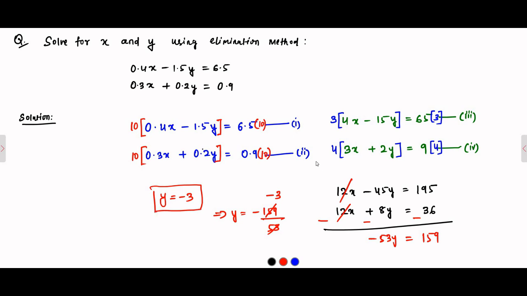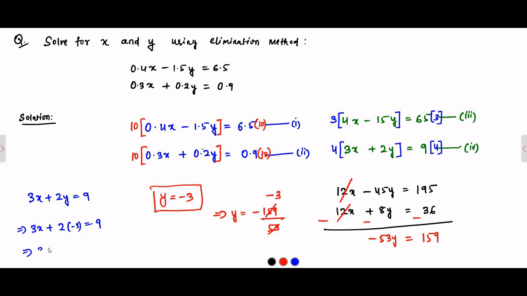Okay, so then we can use any of these equations to get the value of x. Let's say we take this green part, 3x plus 2y is equal to 9. This is the original equation, the modified equation, 3x plus 2y is equal to 9. We'll substitute this y here, that implies 3x plus 2 into minus 3 is equal to 9.